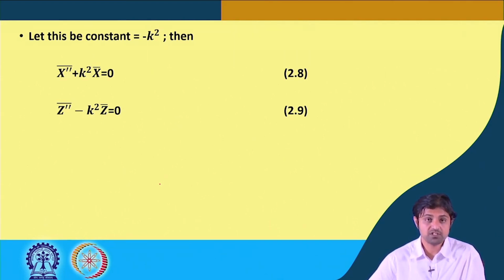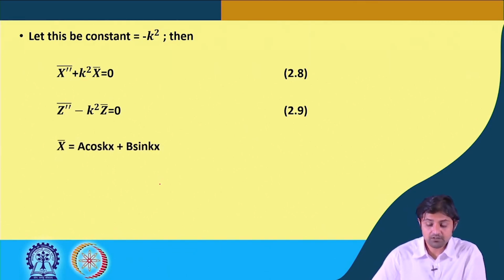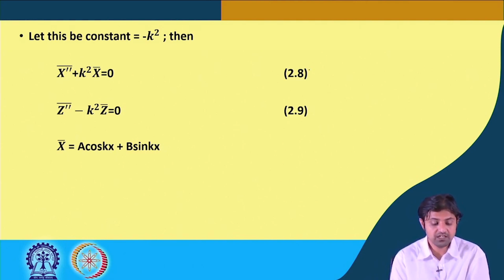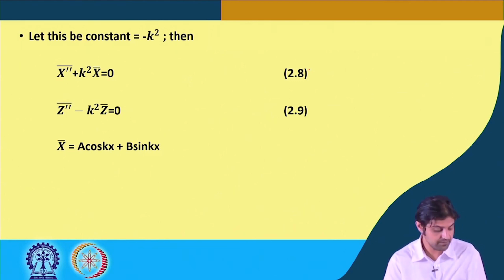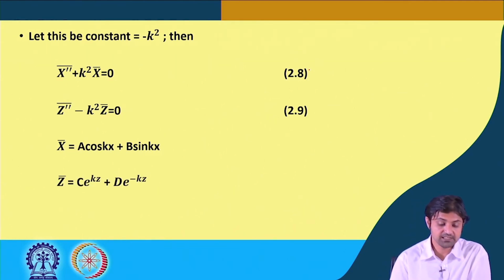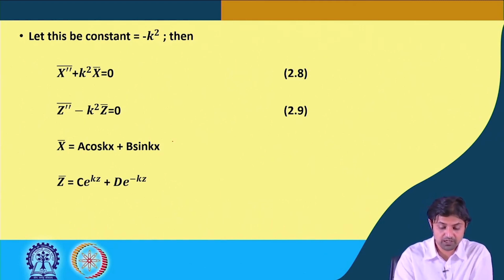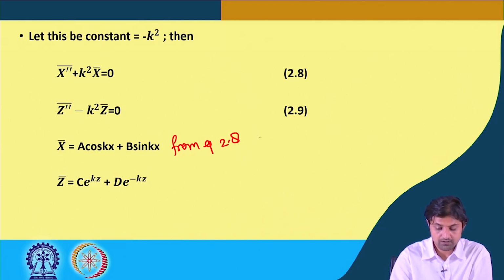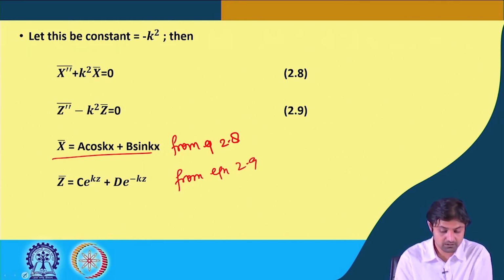These two are very famous equations. The solution for these is standard. So, X bar from 2.8 can be written as a cos kx plus b sin kx. Whereas, Z from equation number 2.9, the solution to equations of this type is here.